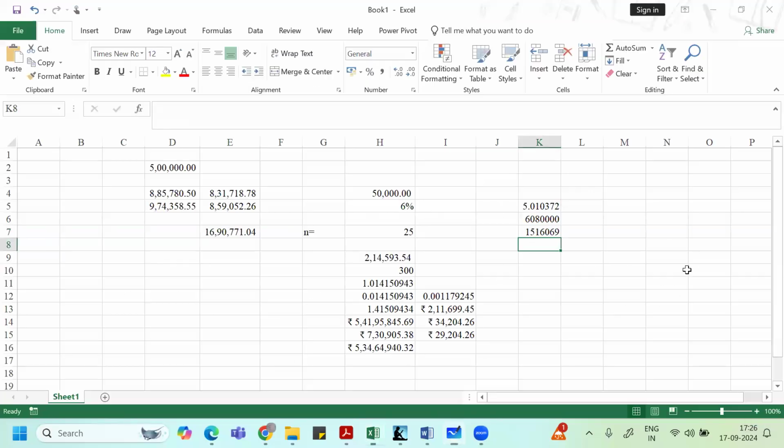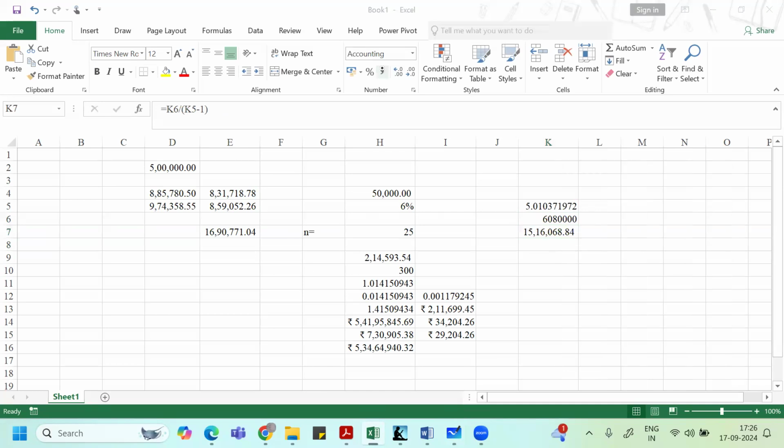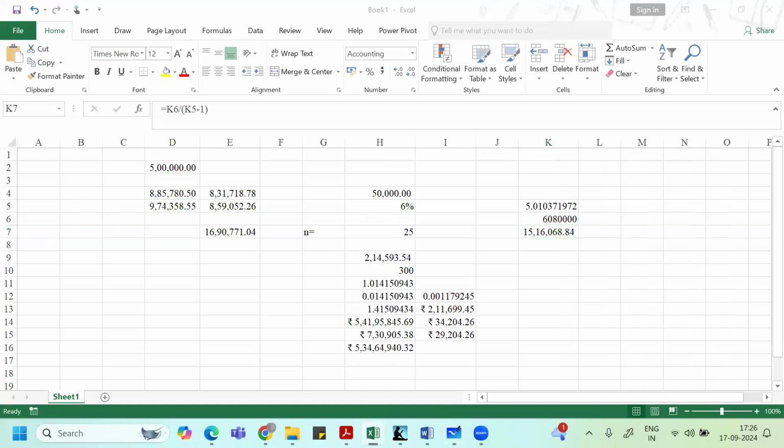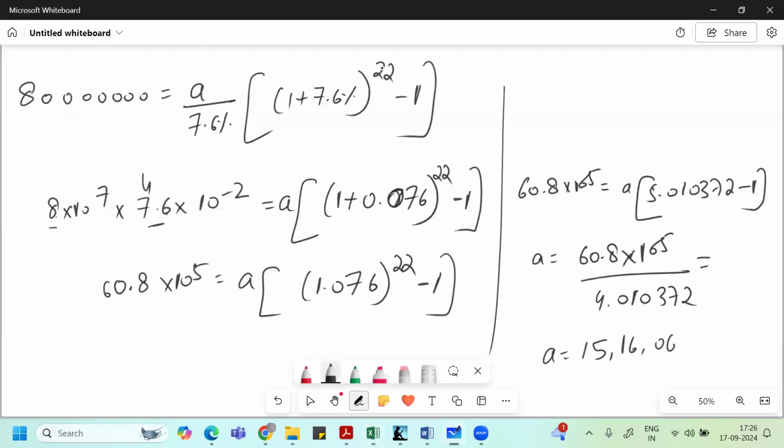So 60.8 divided by this, so here you'll get the figure. This is around 1516068.84. So the annuity value is 1516068.84. This is your answer.